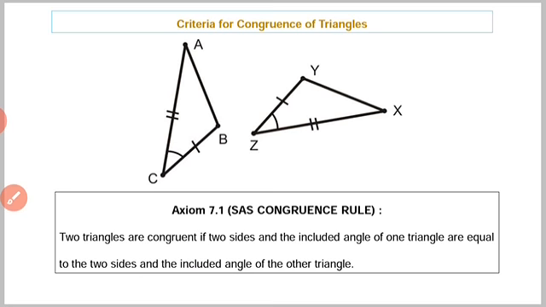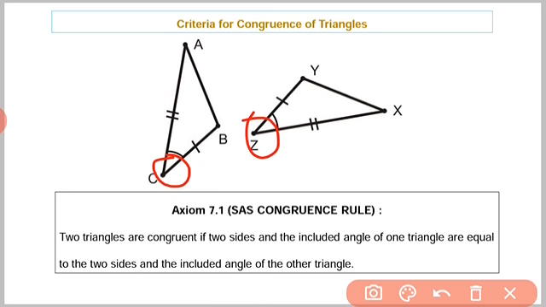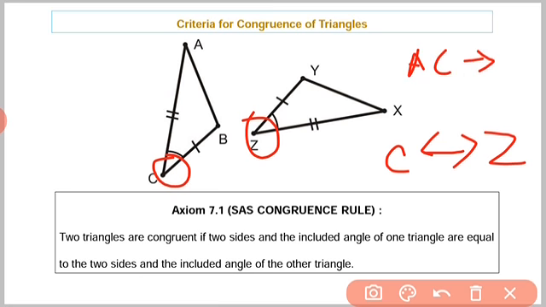So how do we write it? A corresponds to which angle? Let's see. Angle C corresponds to angle Z. AC corresponds to XZ.